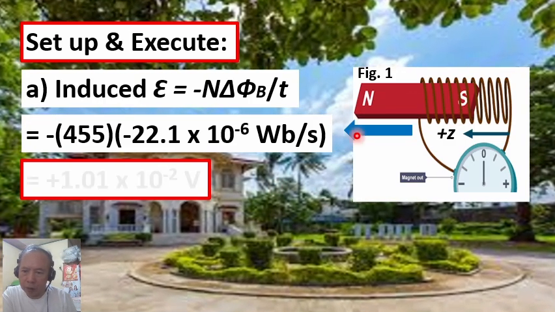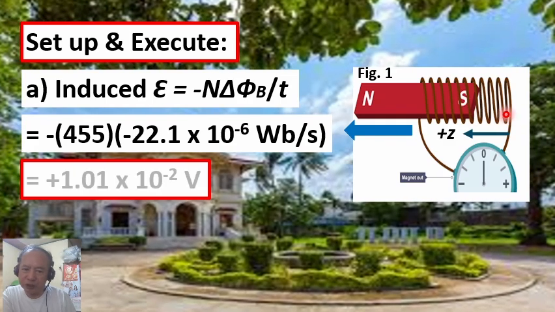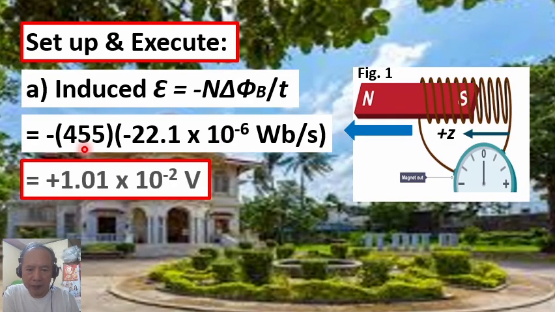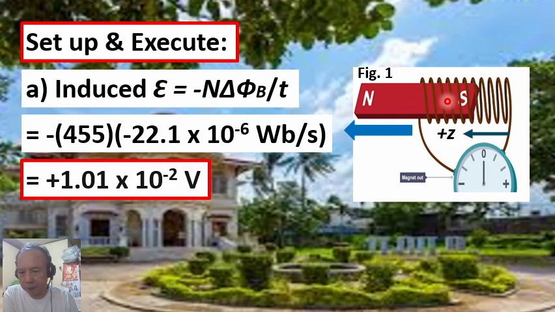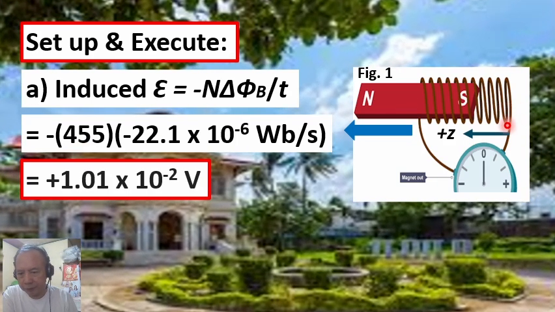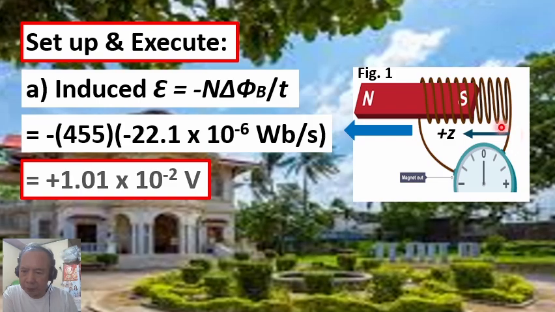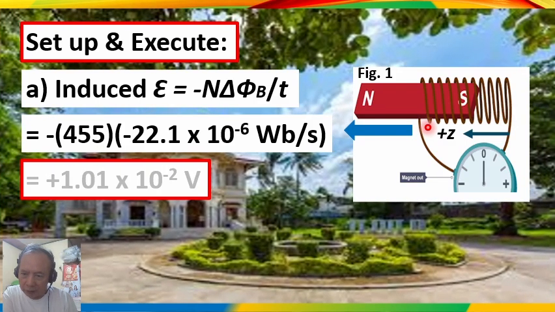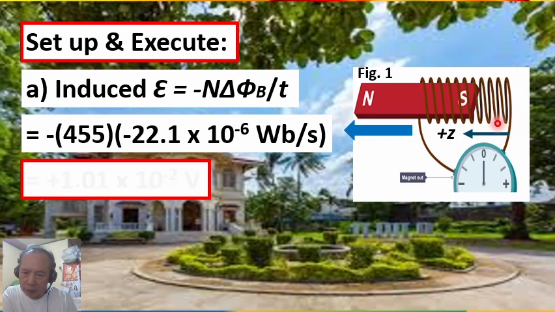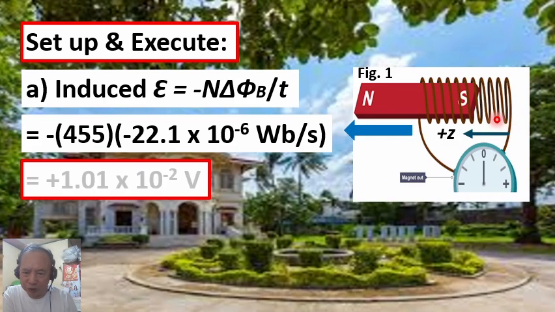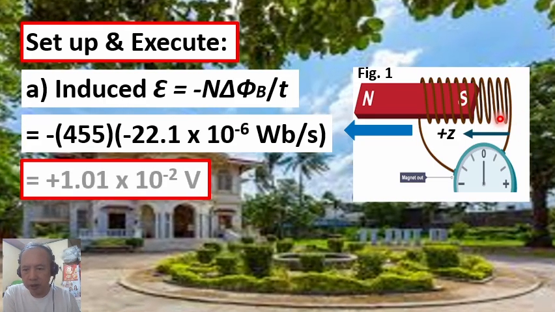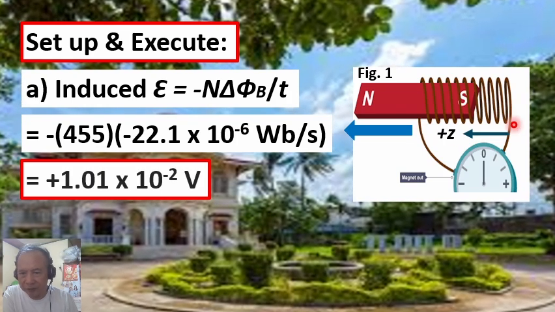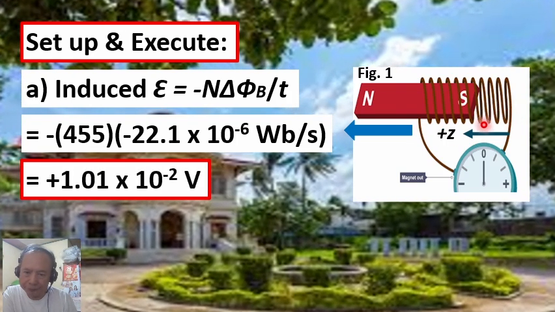And that amount of electromotive force is what we computed as the induced EMF, which of course is similar to having a dry cell or a battery, a battery with an electromotive force established on both ends of the coil.